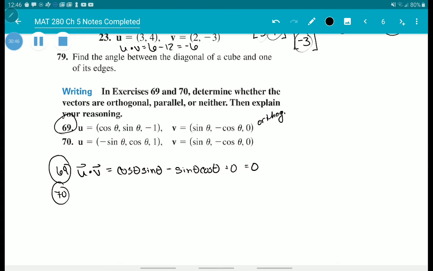So we're branching that idea of orthogonality out, not just to talk about vectors that are numeric, but now we're talking about vectors that have functions in them. If we look at 70, we have u dot v is negative sine squared minus cosine squared plus 0.